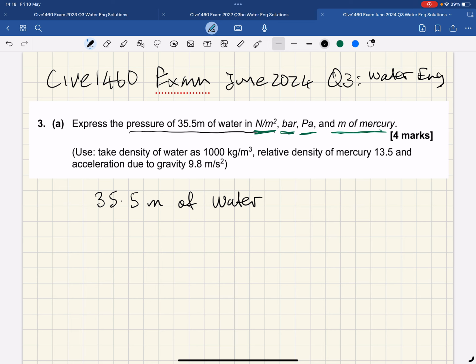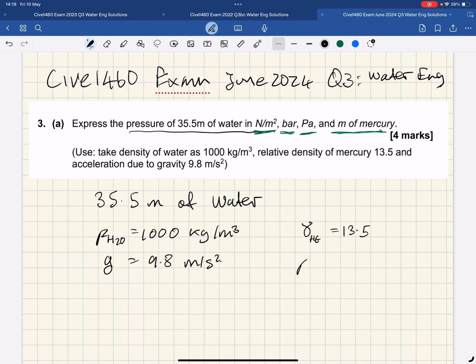So let's just say what we've got in terms of data. Rho of water, rho of H2O, we're told to use 1000 kilograms per meter cubed. Use G as 9.8 meters per second squared. And the relative density of mercury is equal to 13.5.